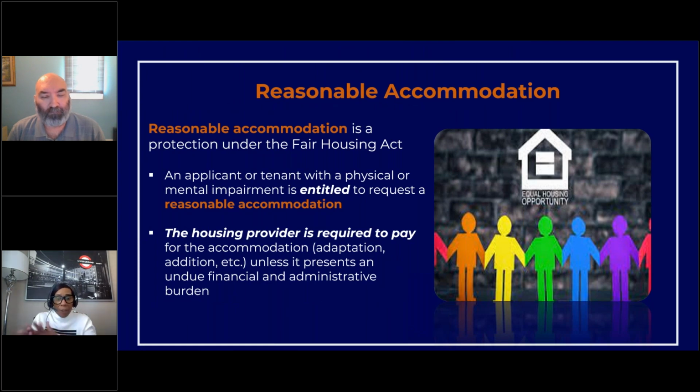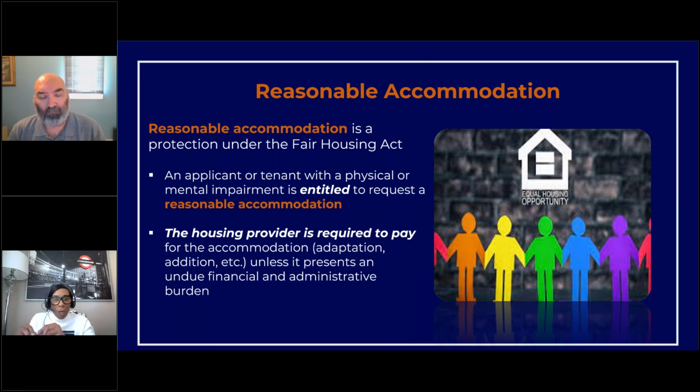Under the FHA, fair housing laws, if an accommodation is deemed reasonable, the housing provider is responsible for paying for the cost of the change, unless it's an undue financial or administrative burden as determined by specific circumstances and the relevant decision-making authority. So if a person requests an accommodation and it's unreasonable according to the housing provider, there are ways to go around that.